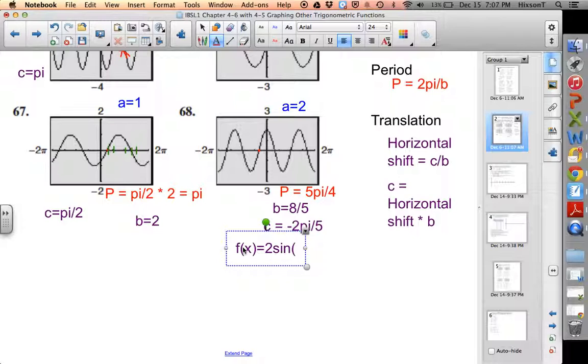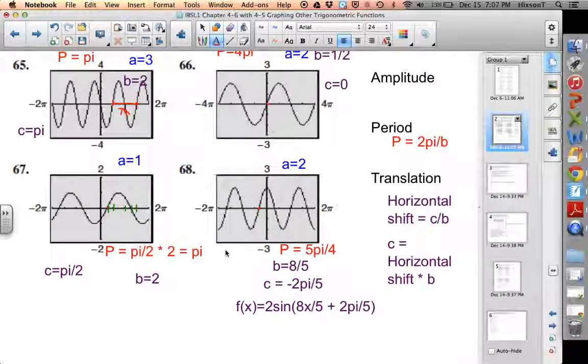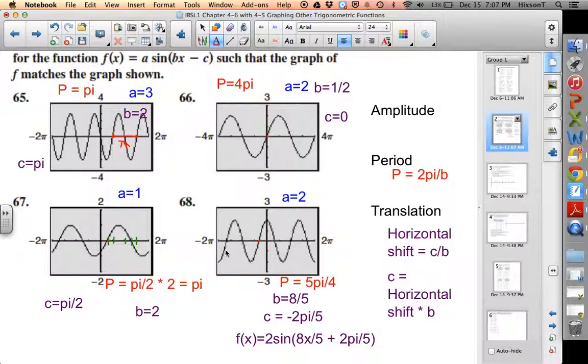So I'll do 8x over 5 minus a negative, so that's going to be plus 2 pi over 5. And obviously I have pi written out, but that's going to be your equation. Hopefully this is helpful to get you going on these.